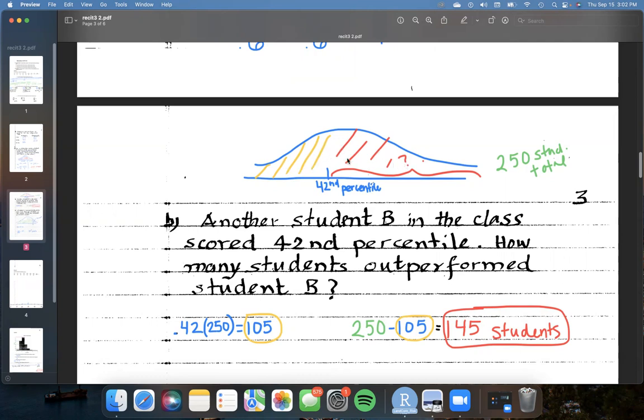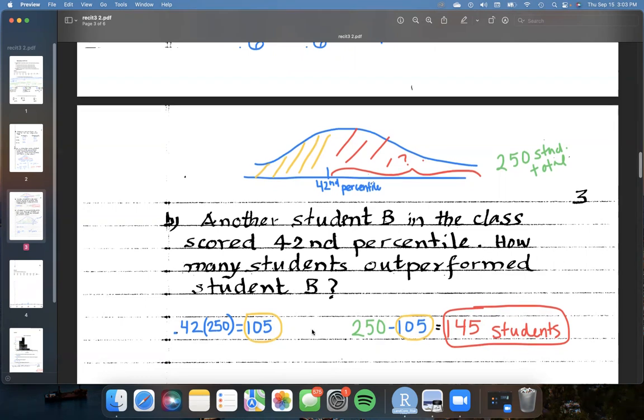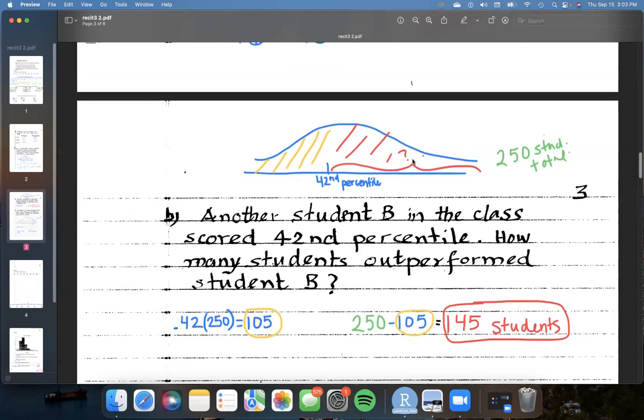This whole area under the curve should be the total number of students. So if we know the total and we know this part, we can subtract the yellow from the total to find the red part, on the right-hand side. So 250 minus 105, which is the yellow part, will give us the red part on the right-hand side, which is 145 students. So 145 students outperformed student B. 145 students did better than student B.